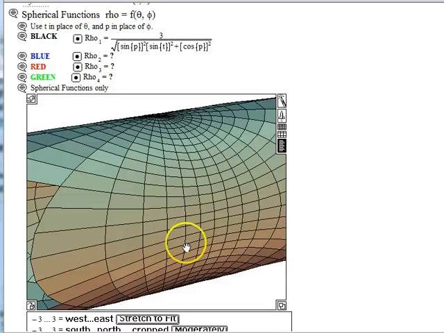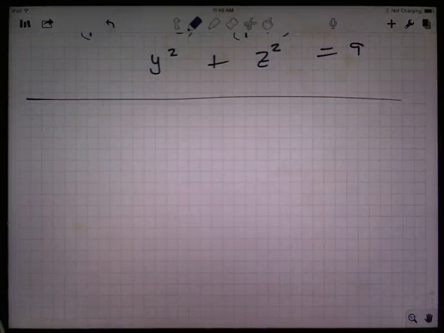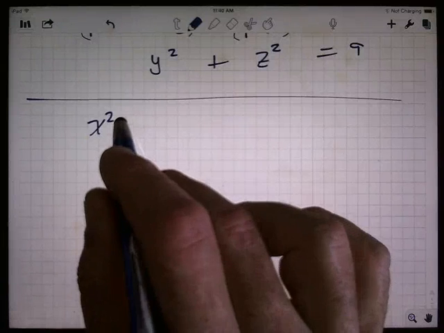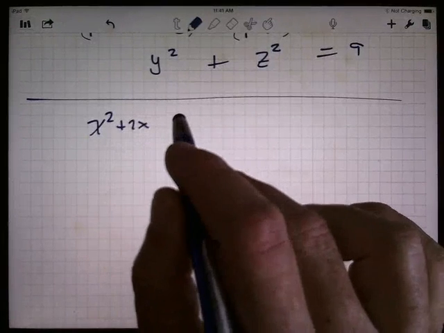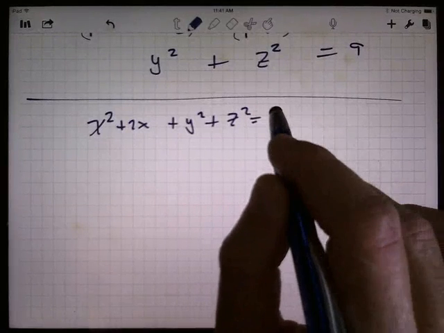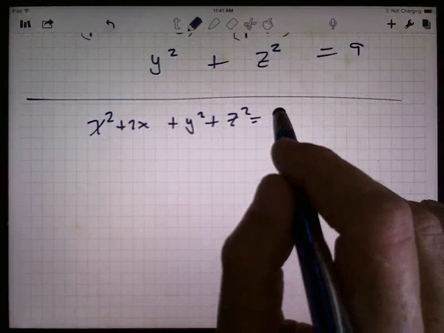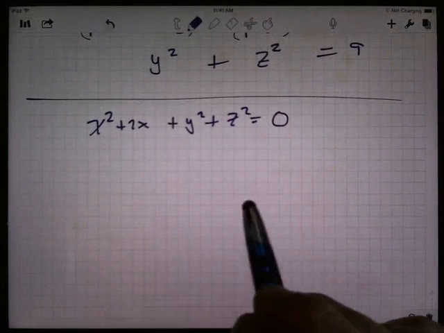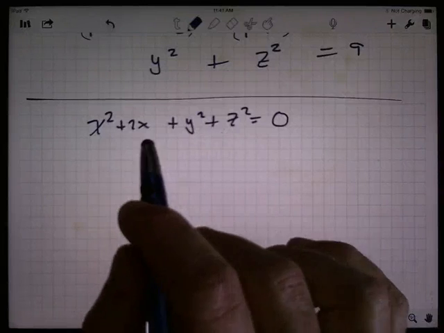Now let's go back and try converting the other way. So then I find this question where they give me this x squared plus 2x plus y squared plus z squared equals 0. Although I don't need to do this, I look at that and I say, what the heck is that? It's kind of like a sphere.